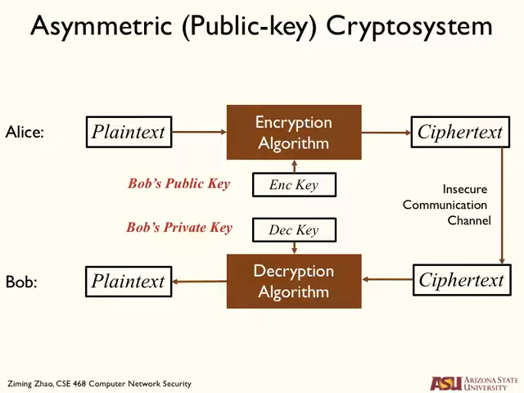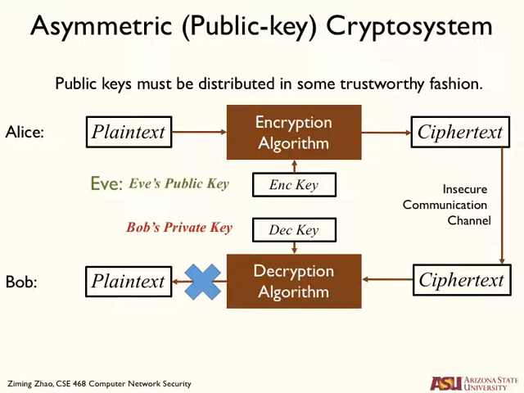The problem with this system is, even though we don't need to negotiate a symmetric key, or Bob doesn't have to send a secret key to Alice, still Bob has to send his public key to Alice. This is a weak point in this protocol. What if Eve, who is malicious here, somehow makes Alice believe that Eve's public key is Bob's public key?